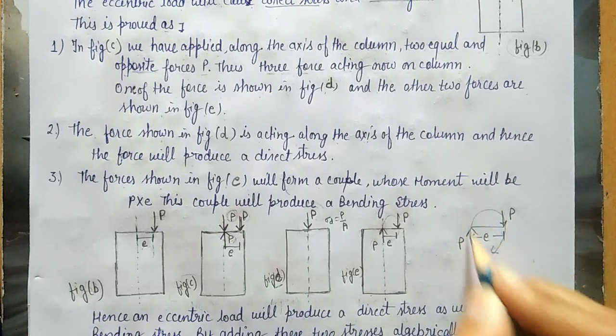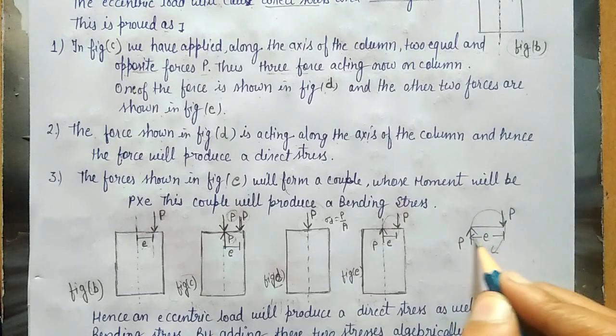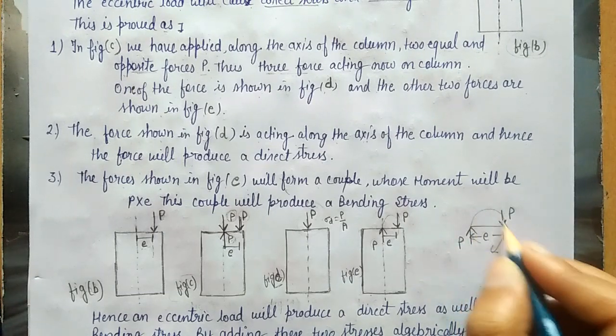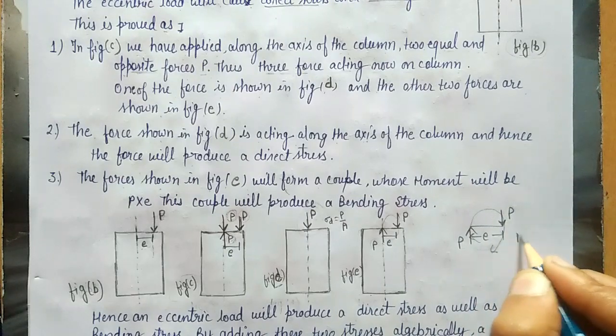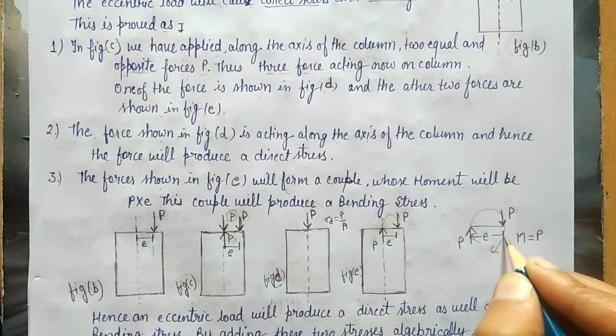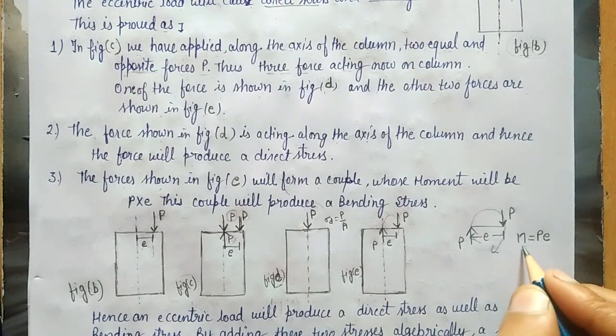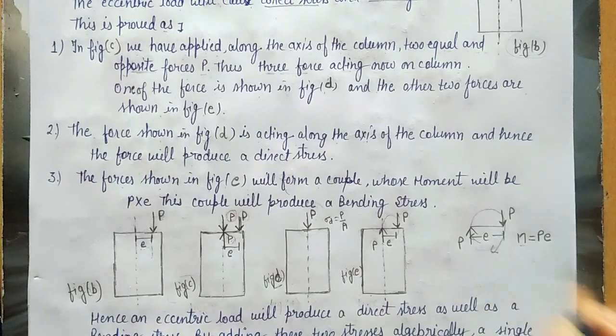This is known as a couple when two forces act like that at some distance. And how can we find the magnitude of the couple? M equals one load times the distance between the two loads, P into E, right? So this is the magnitude of the moment.